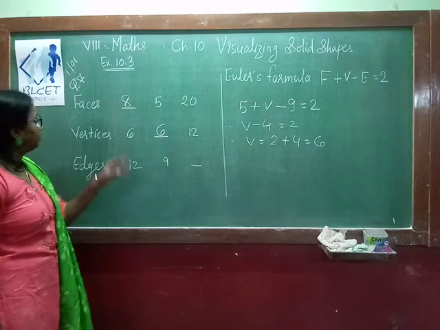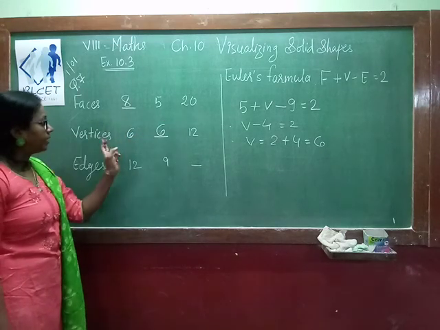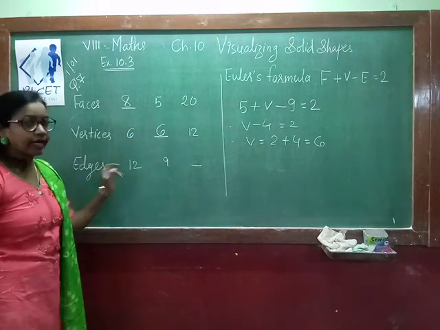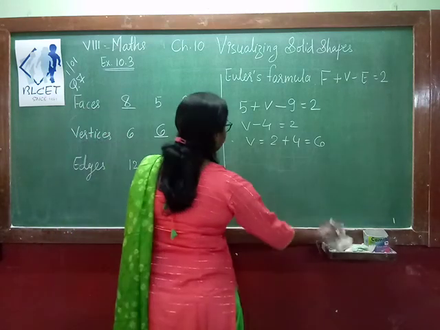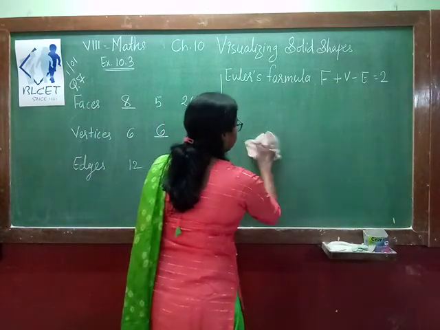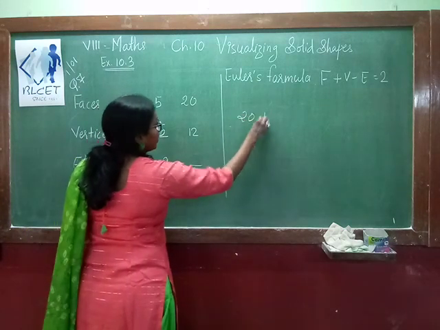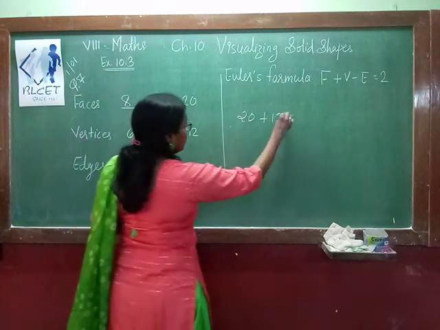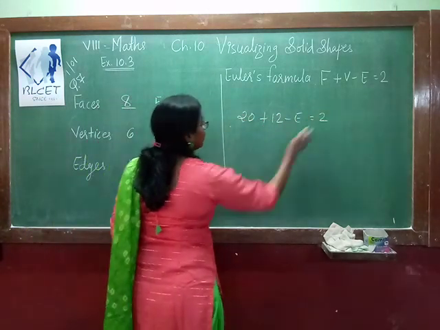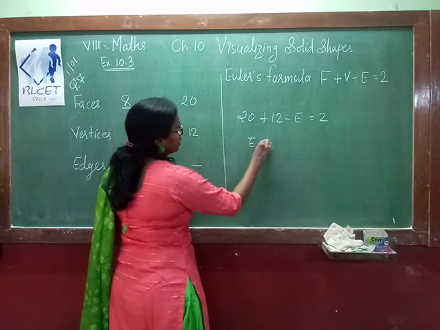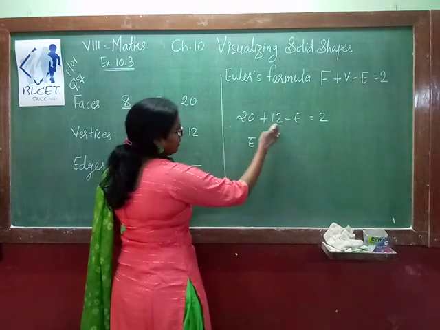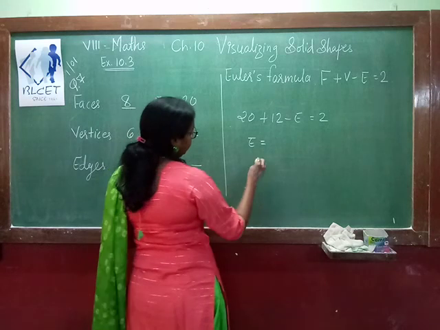6. Now faces 20, vertices 12 and we want to find edges. So let's see how you will find. Substitute the values. Faces 20, vertices 12, edges we don't know, is equal to 2. So therefore edges is equal to what? 20 plus 12 is 32.